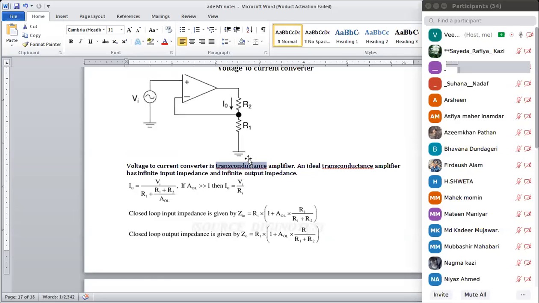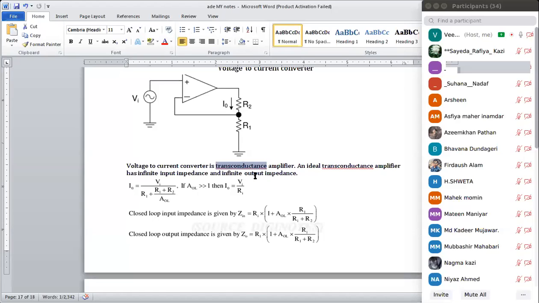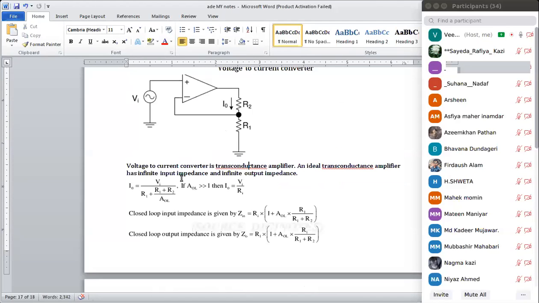Here the input impedance is infinite, and the output impedance is also infinite. Earlier we had 0 input impedance and 0 output impedance, but here we have infinite impedance at both sides.